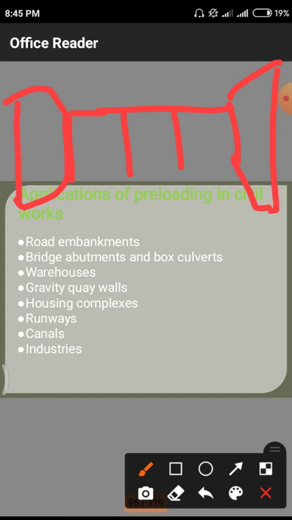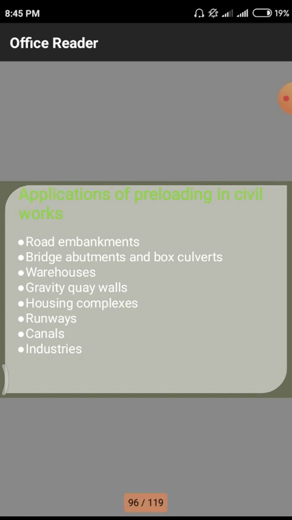Those are called the bridge abutments, and in some cases we are having these box culverts. That means whenever there is a combination of these two lanes, that means total railway lines and normal traffic conditions, we need to use these box culverts to divert the traffic. So we have to use these bridge abutments and box culverts in those cases.